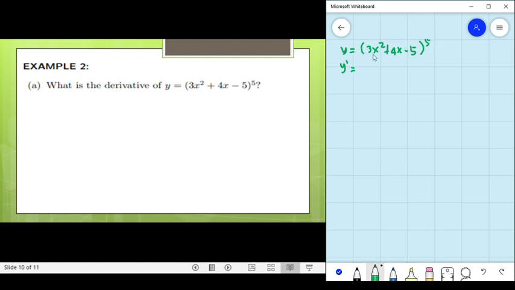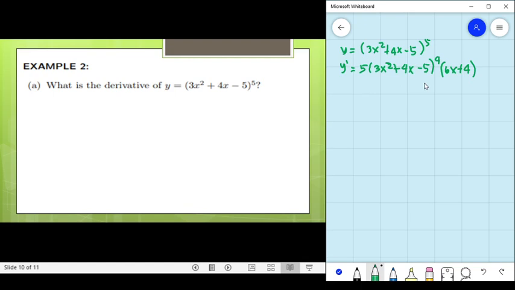So it would be 5 quantity 3x squared plus 4x minus 5 to the 4th power times the derivative of the inner, which is 6x plus 4.